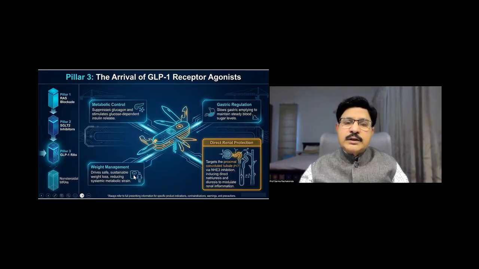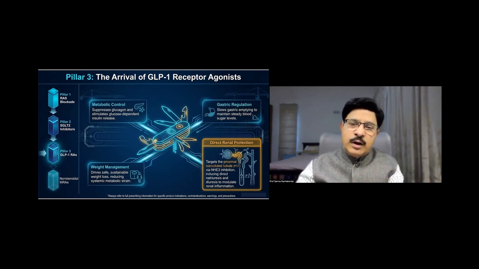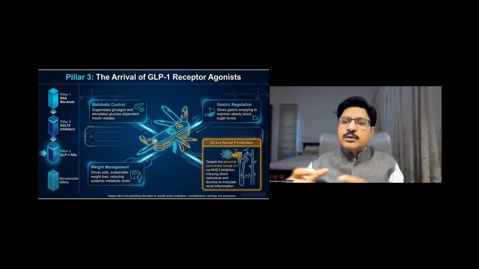Two, it manages weight, driving safe, sustainable weight loss, reducing the systemic metabolic burden. Gastric regulation slows gastric emptying to maintain steady blood sugar levels. So what happens if gastric emptying is slowed? There is no sudden flux of sugar into the intestines for rapid absorption, so the curve is flattened.